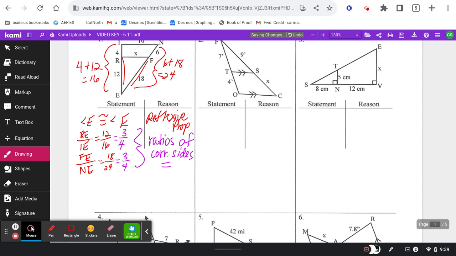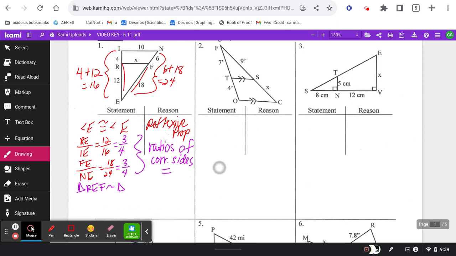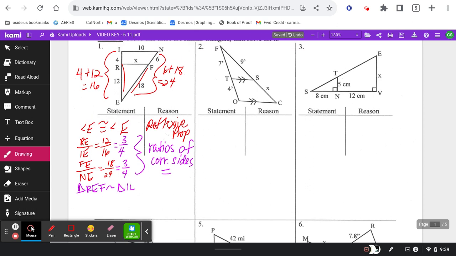Therefore, we have our two sides proportional, 3/4, 3/4, and we have our one angle. So we can say triangle REF is similar to triangle IEN by side angle side similarity theorem.